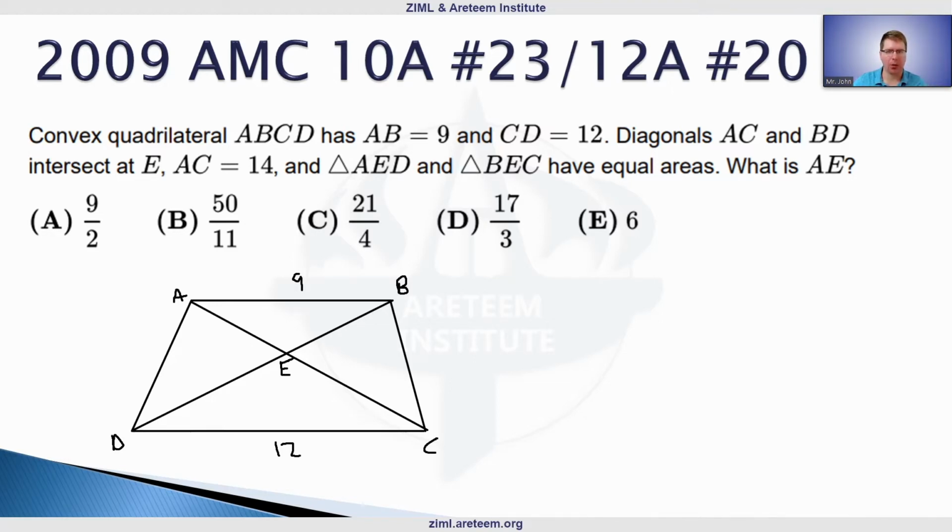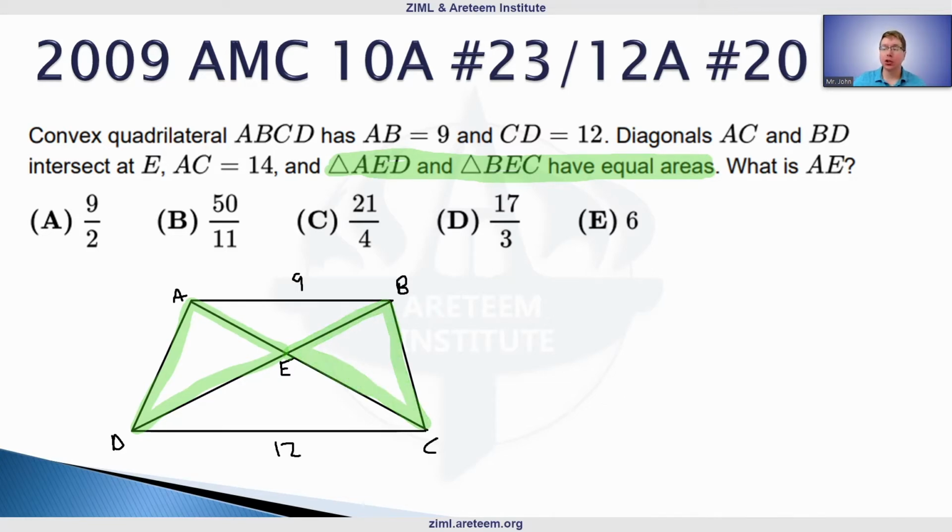We have our diagonal in this case. I'm going to ignore AC for a moment, and I really want to start with this important fact, which is going to be the key idea of the problem: looking at AED and BEC. And those have the same area in this case.